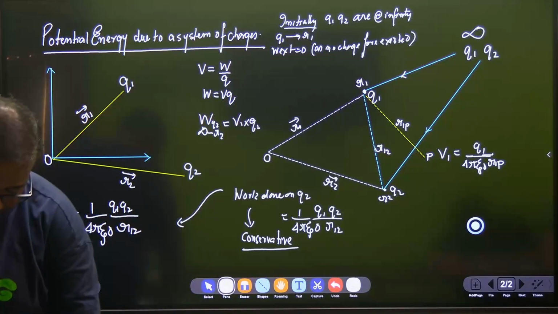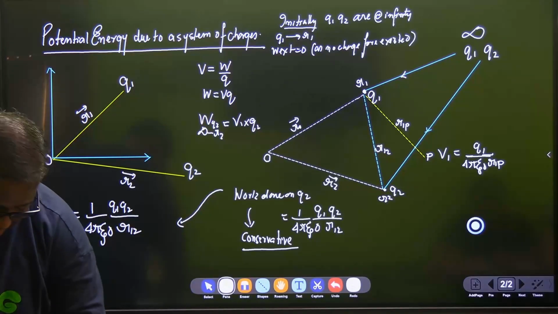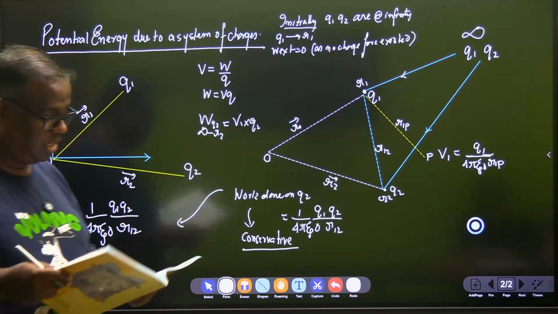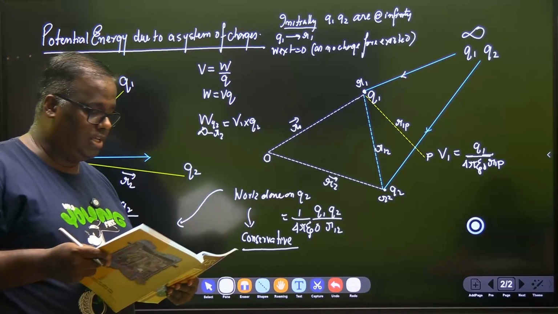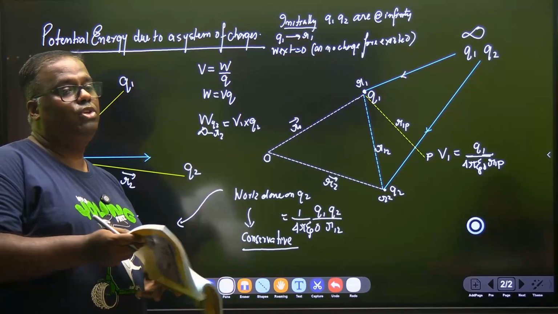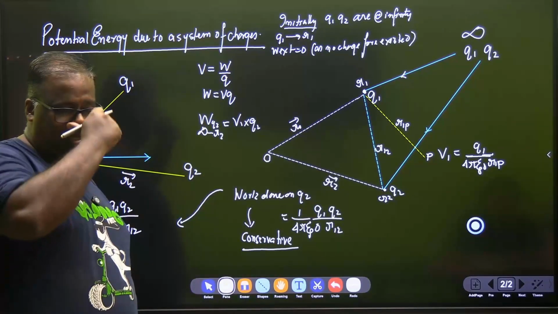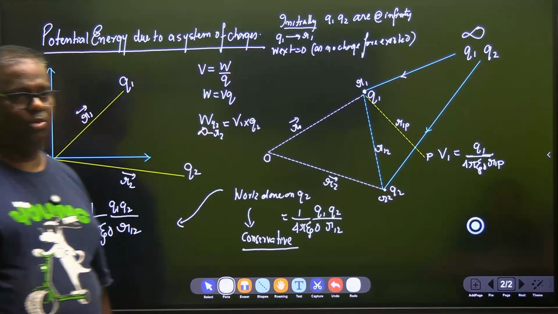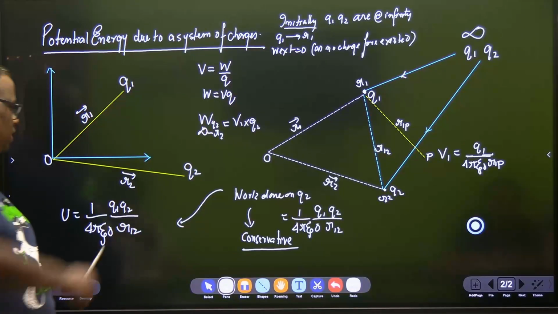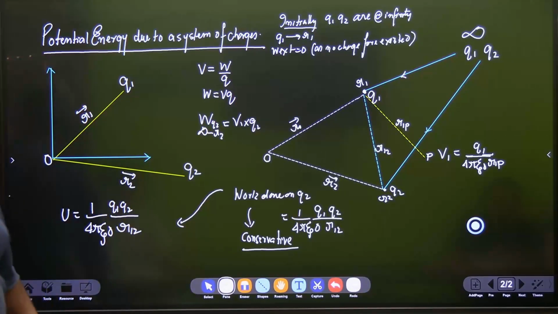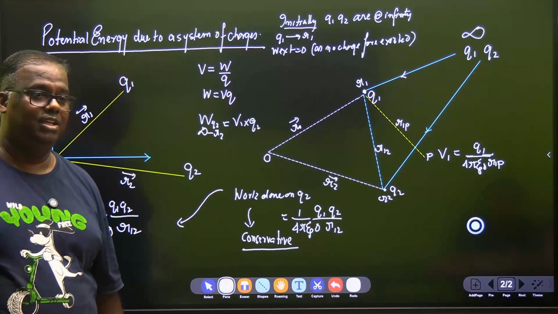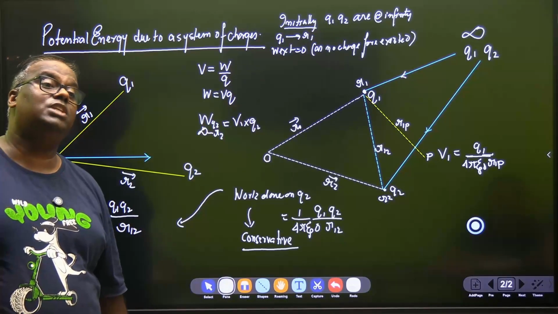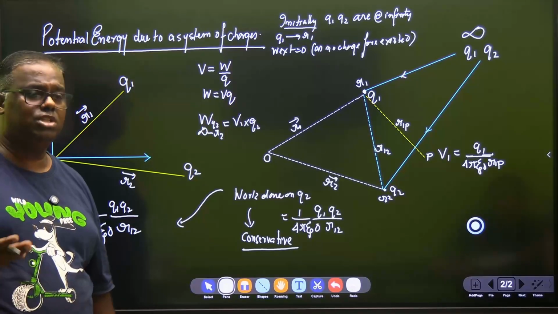Now it says the potential energy expression is unaltered by the way the charges are brought, and is true for any sign of Q1 and Q2. If Q1 Q2 is greater than 0, that means Q1 and Q2 were of the same sign. Only then will their product be greater than 0. In that case, potential energy is positive.